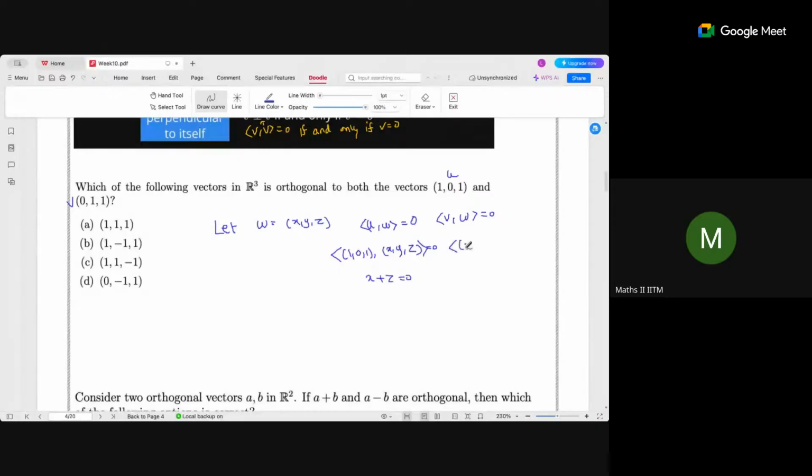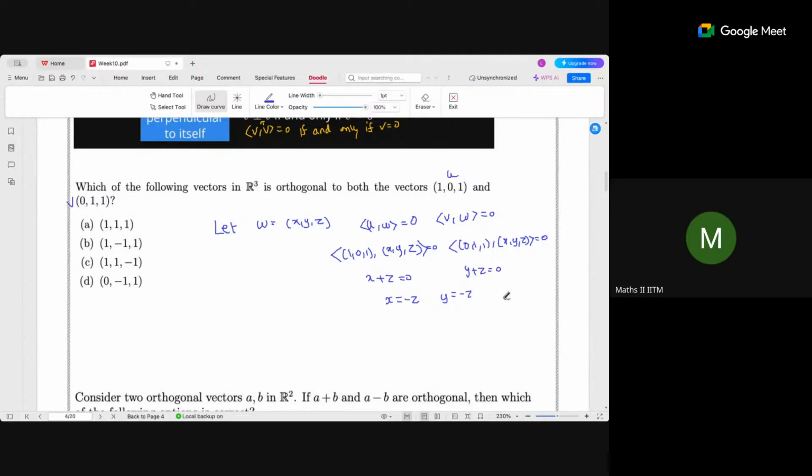Similarly, the inner product of (0, 1, 1) with (x, y, z) gives y plus z equal to 0. So what is the relation we get? x is equal to minus z, y is equal to minus z.